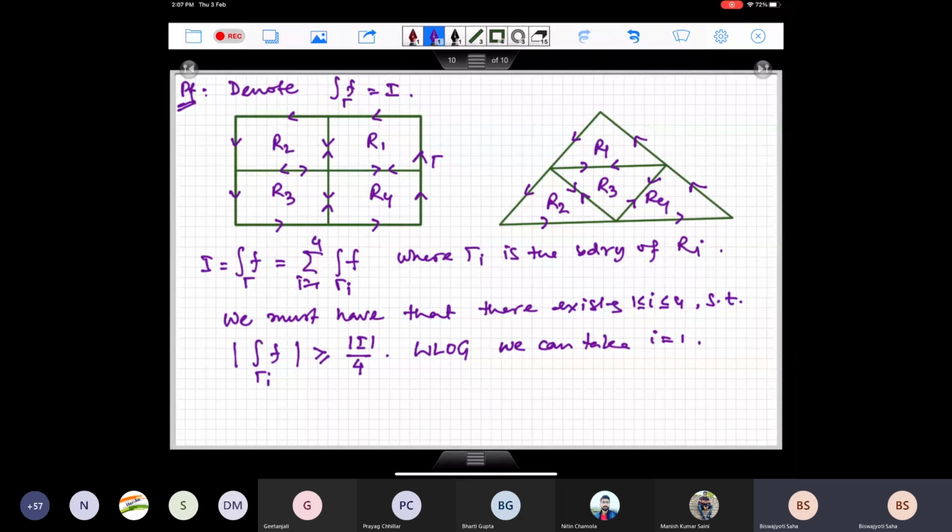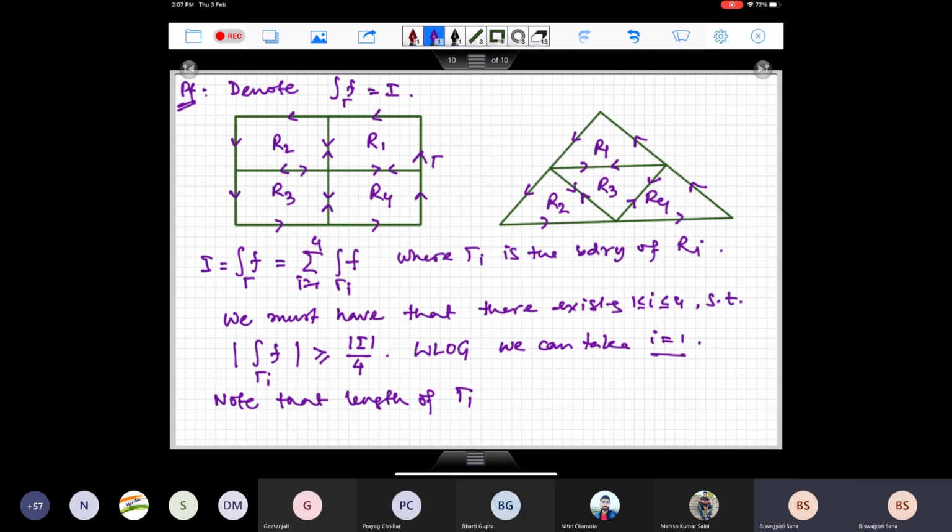Then I am going to further subdivide that rectangle or triangle into four equal pieces, and we can keep doing this, and we will get a nested sequence of rectangles or triangles. Let me write down a few important facts about them. Without loss of generality, I took I equal to 1.